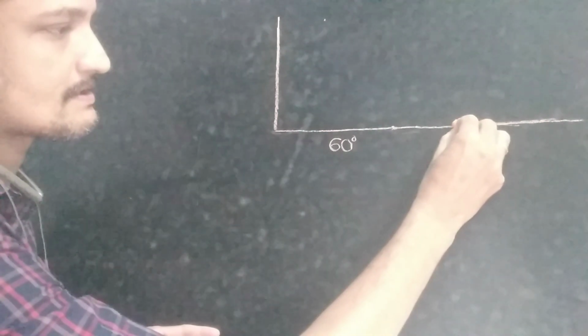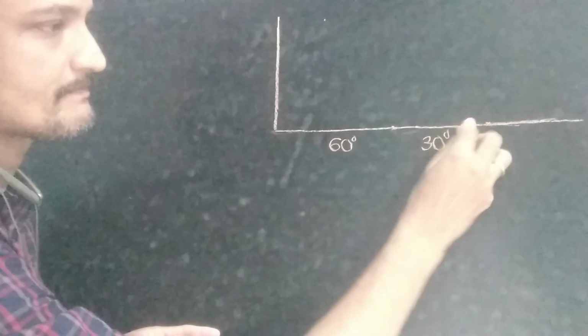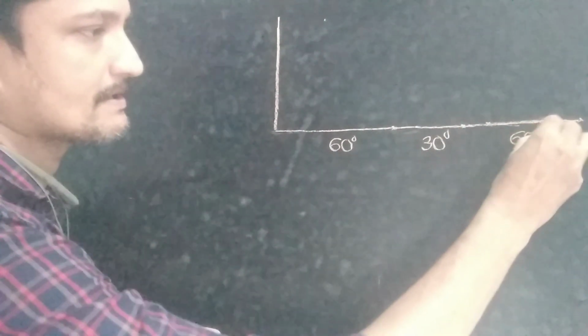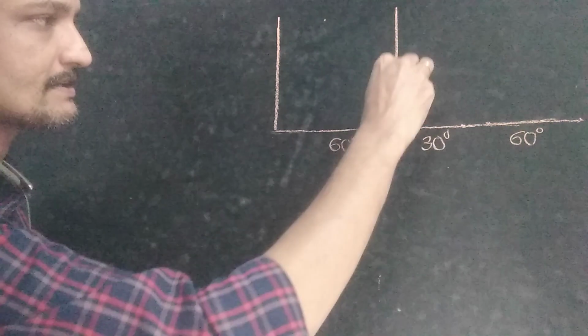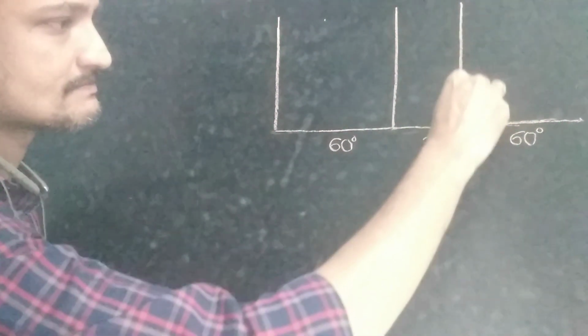Then 30 degrees is equal to 3 centimeters. Then the next 60 degrees by 6 centimeters. Or you can take any convenient scale to represent the angle.